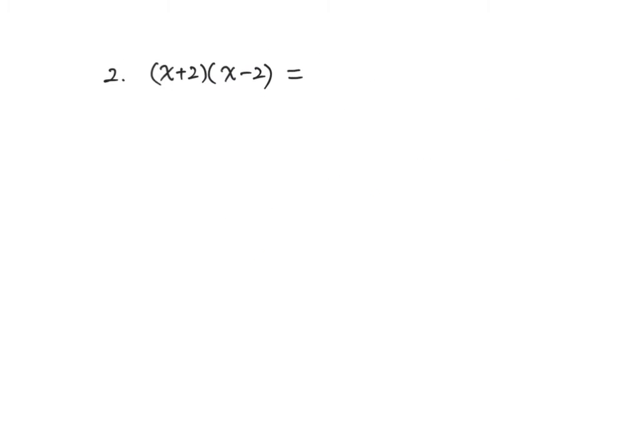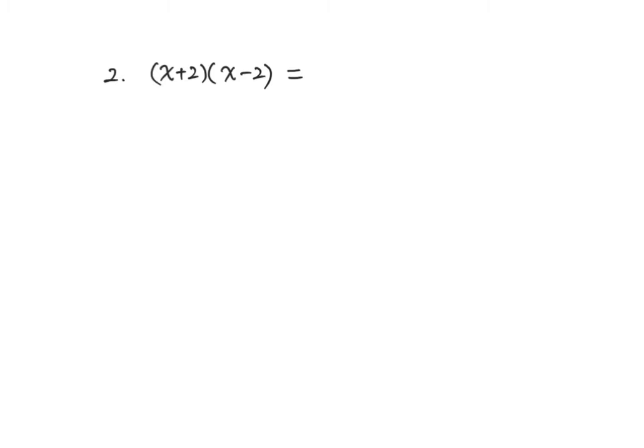For the second example, we can use 2 ways to expand it. The first way, we keep using the rainbow method. So there are 2 terms in the first bracket and another 2 terms in the second bracket.